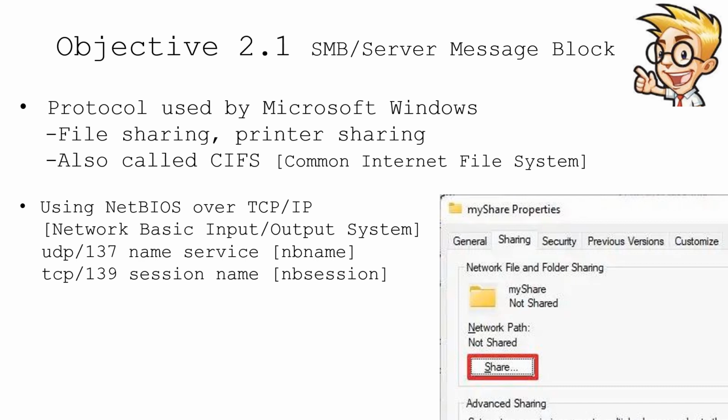SMB uses a number of different protocols to communicate. And if you're on an older Windows machine, you may be using NetBIOS over TCP/IP. NetBIOS is the Network Basic Input-Output System. This uses UDP over port 137 as a name service function. And you can get the name and different information of the session from TCP over 139 to set up the session between the devices.